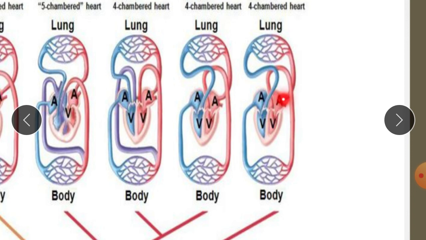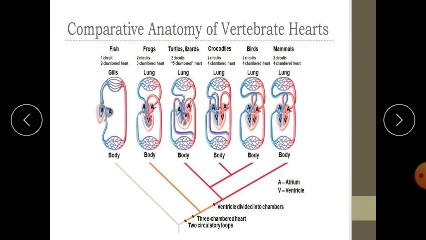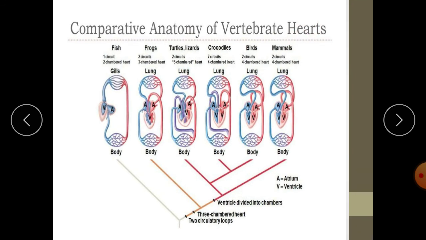From the left auricle to the left ventricle. From the left ventricle to the body for supplying oxygenated blood. So here in aves and mammals, there is no mixing up of oxygenated and deoxygenated blood. They are separate. So this is the comparative anatomy of vertebrate hearts.